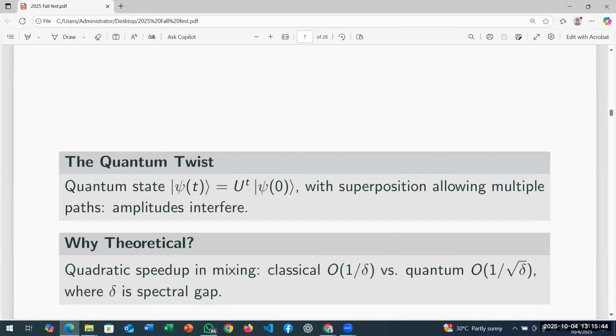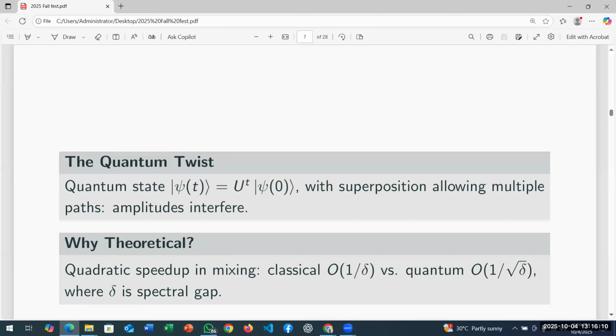This unitary operator will now be what will give me the evolution to the next state. And we have this because of the superpowers that I explained earlier that quantum has over classical.